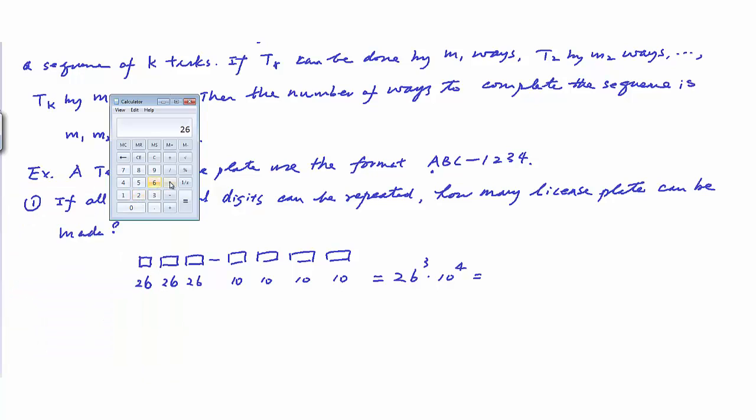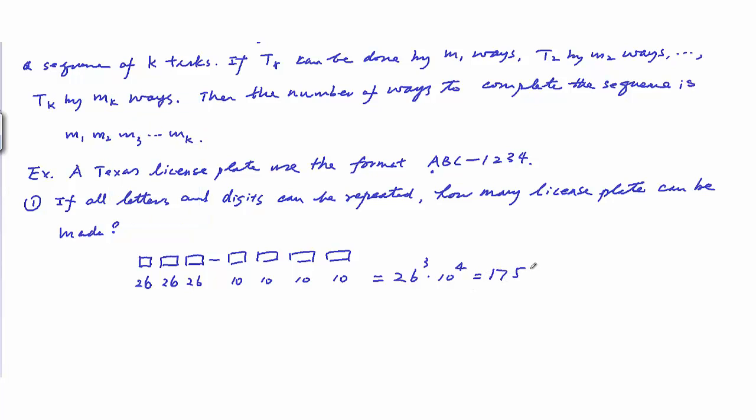So 26 times 26 times 26 gives you 17,576, and then times 10,000. So the answer will be 175,760,000 license plates.